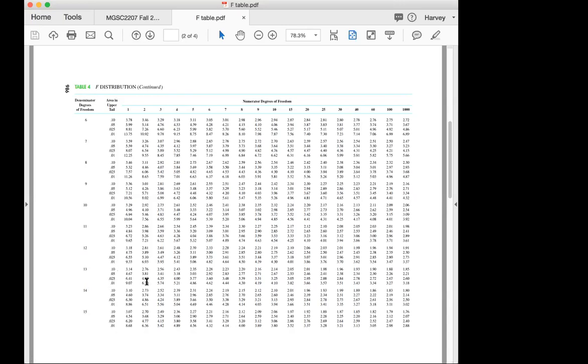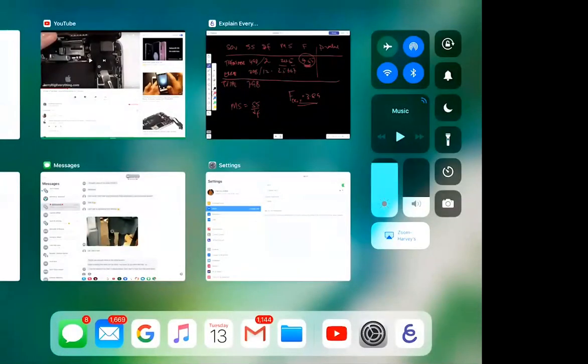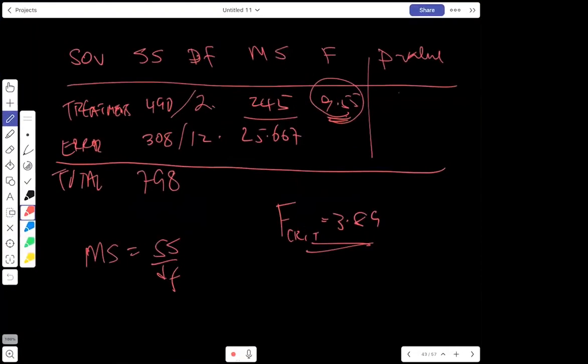So I will write my p-value as less than 0.01. Okay, so that's step 4. We now have the ANOVA table. And then we could do our conclusion.